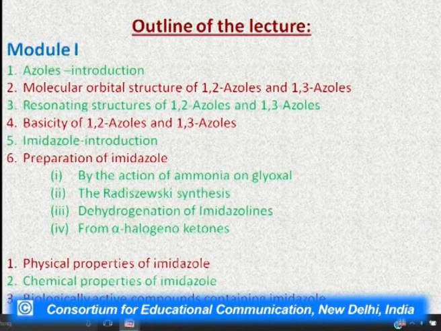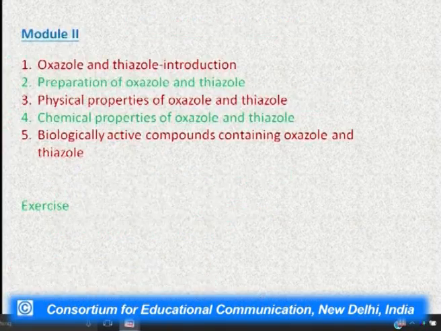We will study the imidazole introduction, then its preparation by the action of ammonia on glyoxal, by Radziszewski synthesis, by dehydrogenation of imidazolines and from alpha halogenoketones. Then we will study its physical and chemical properties and some biologically active compounds containing the imidazole.